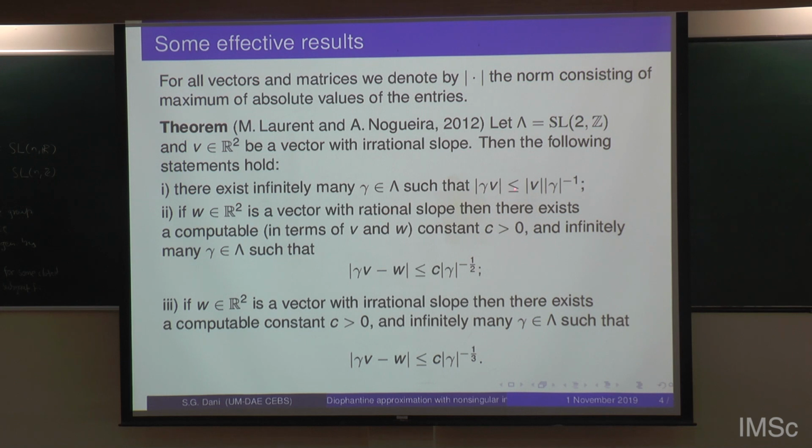Knowing the vector V is irrational, so it has irrational slope, I know that it is dense. In particular, the vector 0 can be approximated.